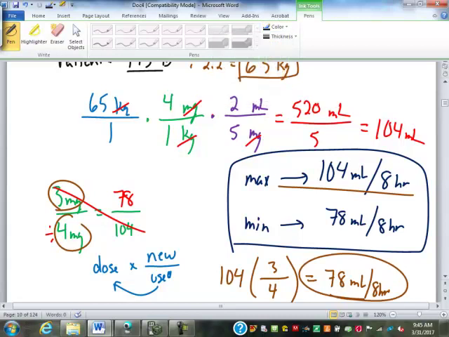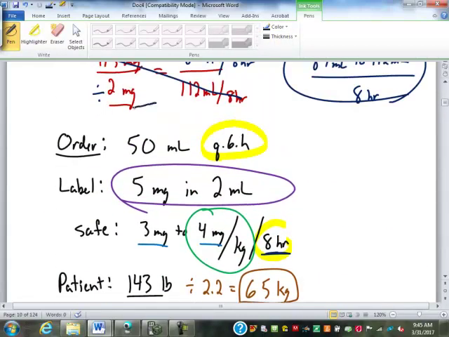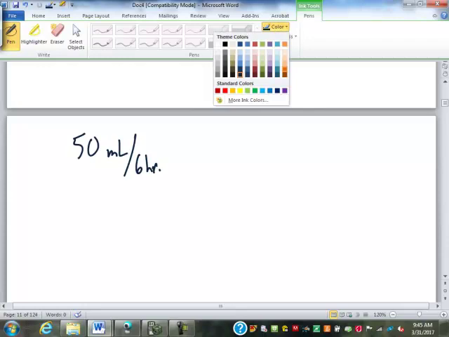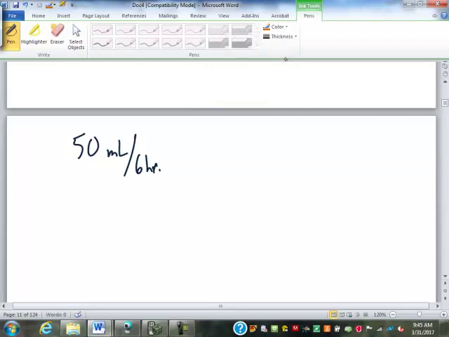Well, now we have to do something to adjust their 50 milliliters every 6 hours. So we either need to take our safe dosages and convert them to 6 hours, or convert the doctor's dosage into 8 hours. So that's 50 milliliters. It's being administered over 6 hours, so we're going to put the 6 hours on bottom here.